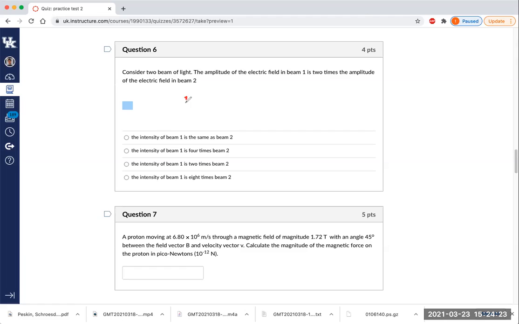Well, the intensity of a light beam, which is, if you remember, the number of joules per second per square meter of energy that's carried by the light beam, is proportional to the electrical field squared in the light beam, or it's also proportional to the magnetic field squared.